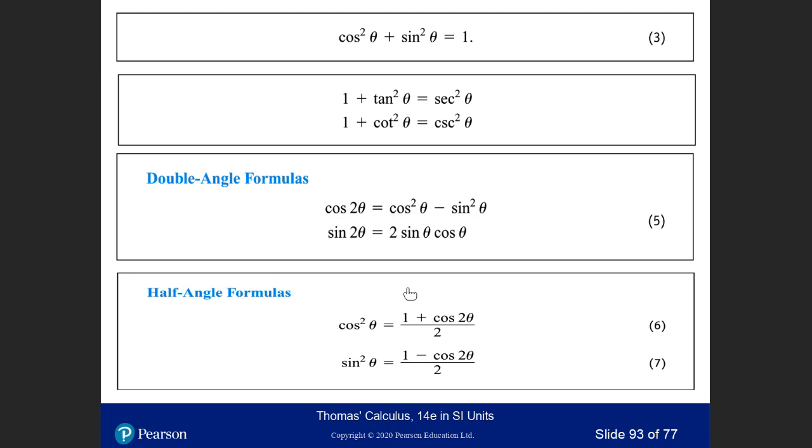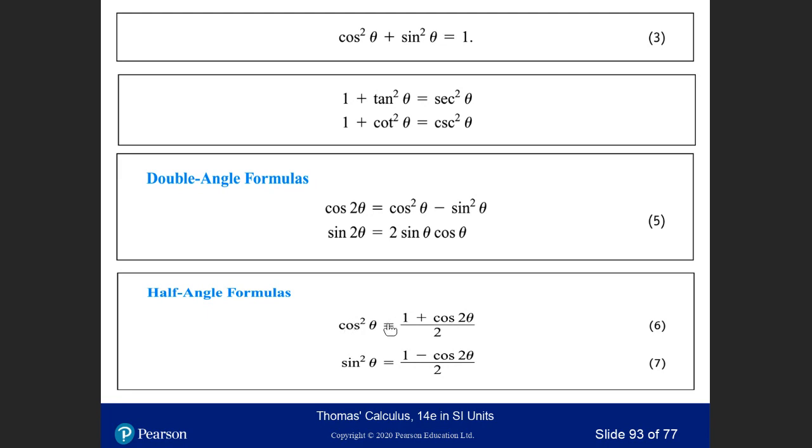Now there are also half angle formulas. Cosine squared theta is equal to 1 plus cosine of 2 theta, divided by 2. And sine squared theta is equal to 1 minus cosine of 2 theta, divided by 2. Now, if you multiply this by 2, 2 cosine squared theta is equal to 1 plus cosine 2 theta.